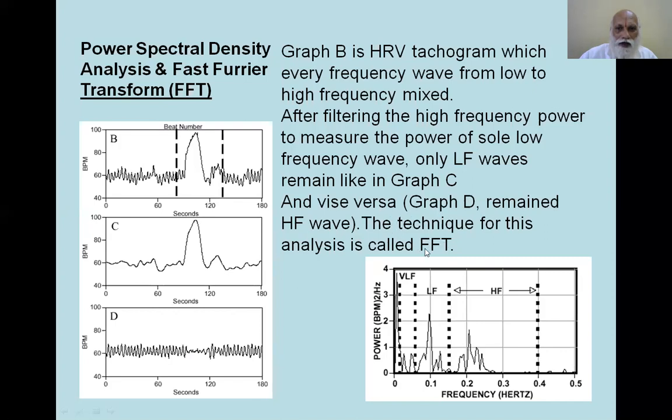By the fast Fourier transform, you can plot according to the frequency and the density at each of these frequencies. From about 0.15 to 0.4 is the high frequency.